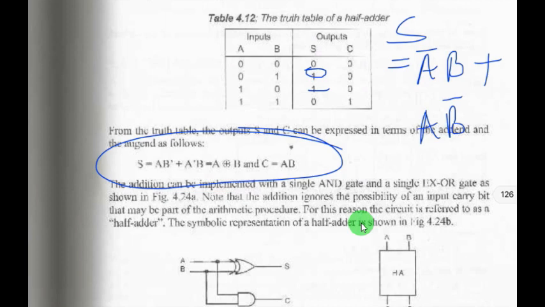That is why you are seeing this is our S: A B bar or A bar B. And this is what we call an XOR operation. Do you remember the XOR? Yeah, this is an XOR operation. It is saying that they are exclusively OR. Neither of them are the same.